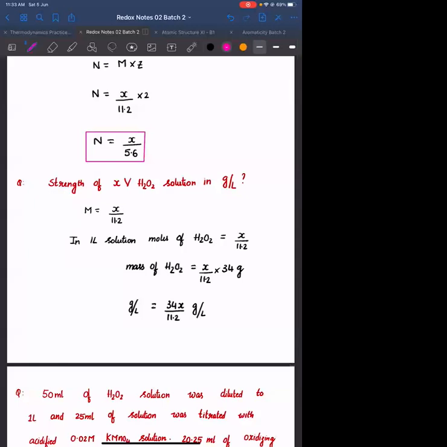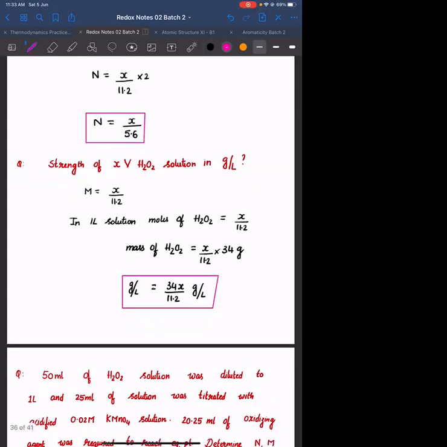Can you tell me percentage weight by volume?